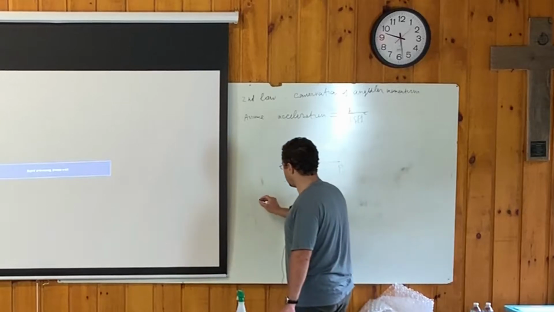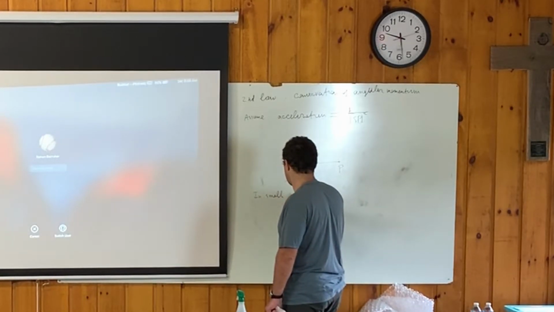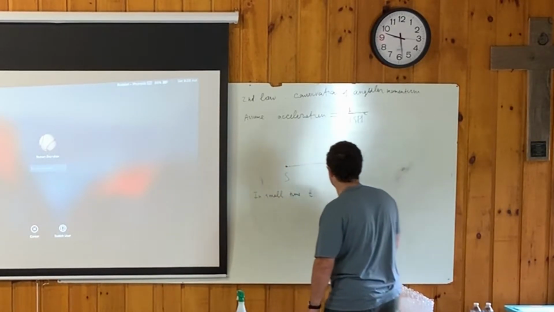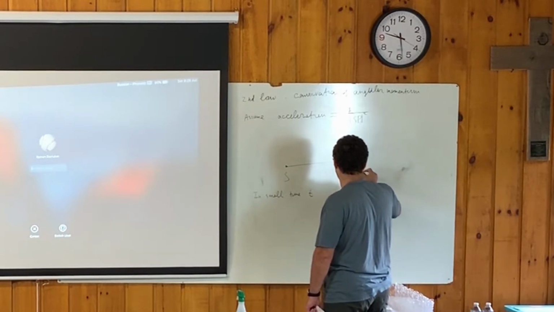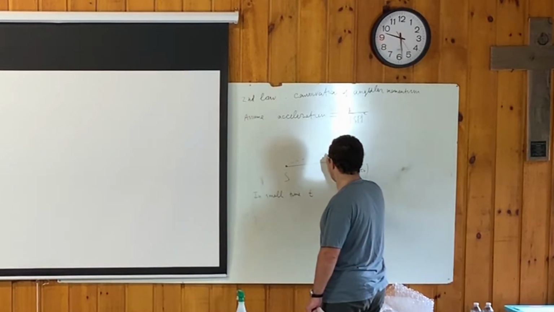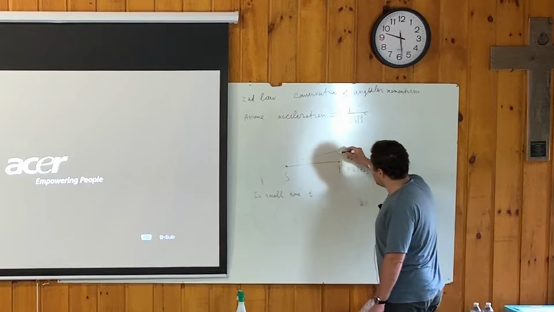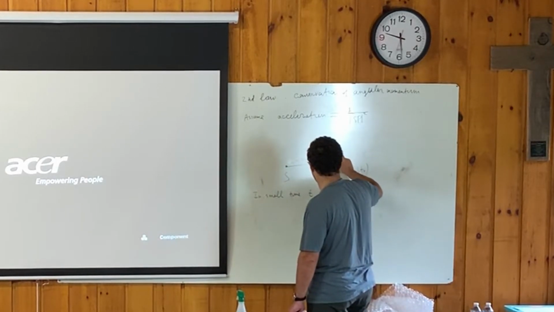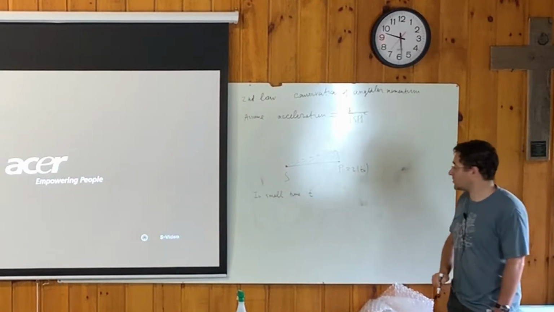And we'll look at a small time t. So suppose P was here at time t0, and then I let my clock run for a little while, and I want to understand the area which was swept by this radius vector in that small time.